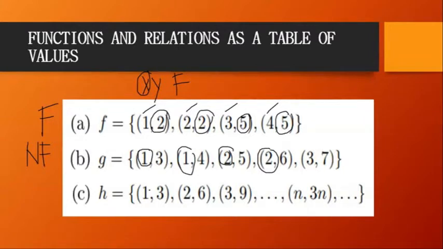Letter C, we have (1, 3), (2, 6), (3, 9), until (n, 3n). Dito naman sa part na to, it is very obvious na function. Kaya lang, this is a continuous function kasi may ellipsis tayo dito. Okay, meron namang binigay na pattern. So, pwede kayong mag-try. Okay?